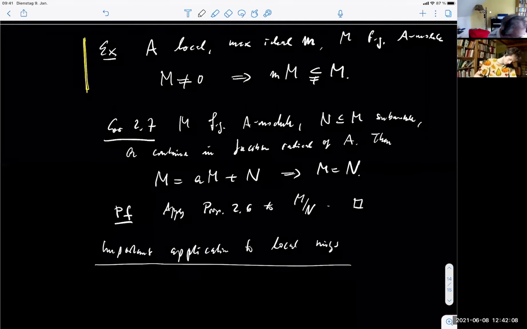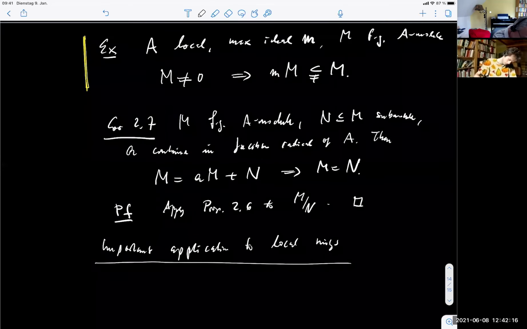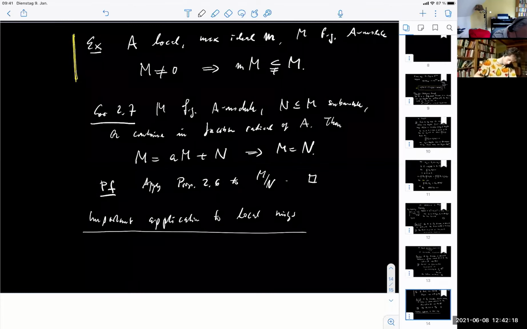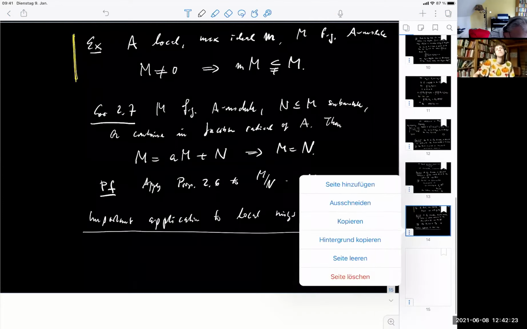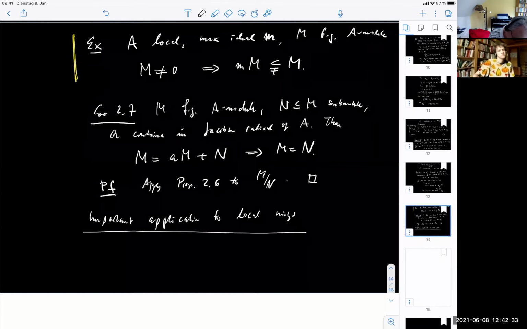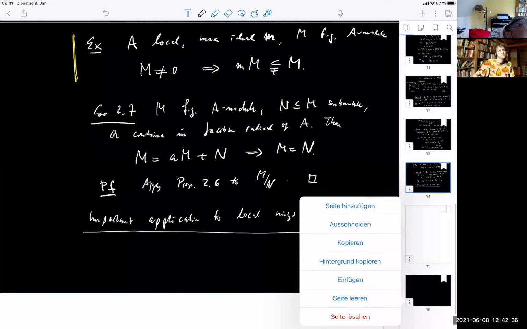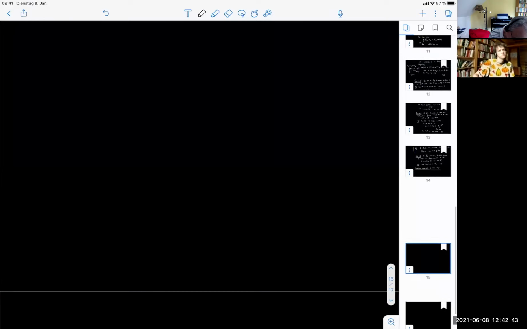Okay, so what is the setting? Sorry, I started not on page 1, so I have already used up my boards, but I need a little more space.